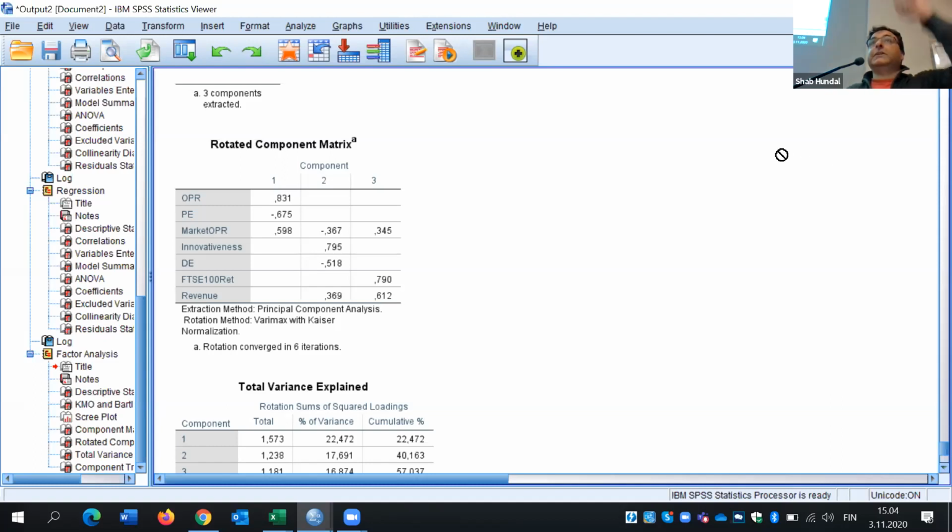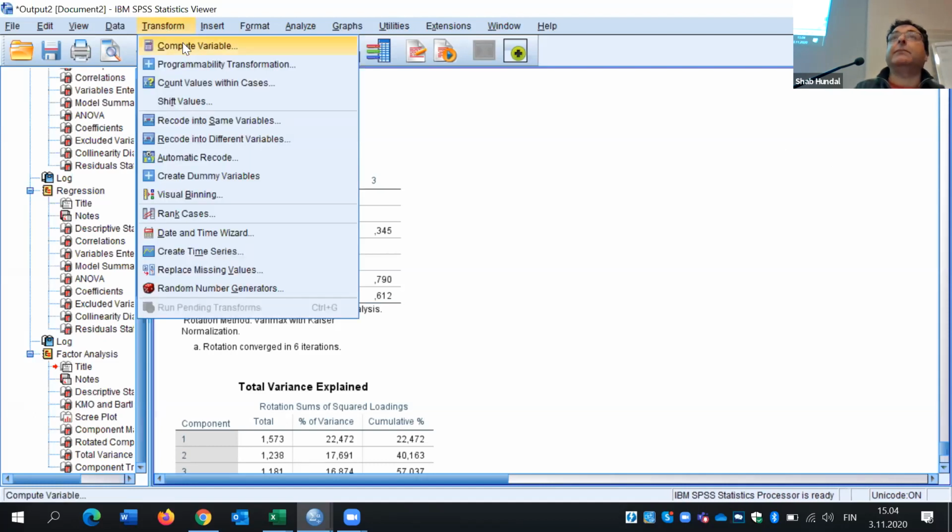Now I come to what Santu said, that now we do regression, right? The question is how you convert variables into a construct. Very easy. We go to transform. Can you see transform here? Transform, compute a variable. I repeat, transform, compute a variable.